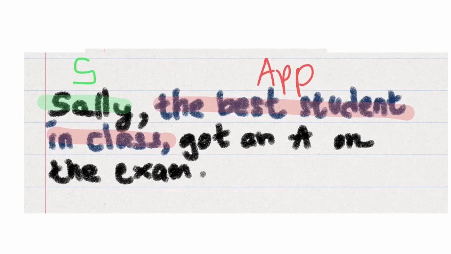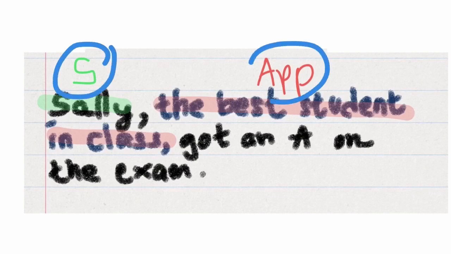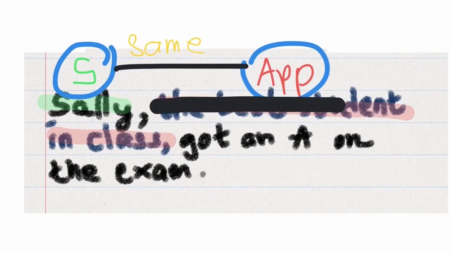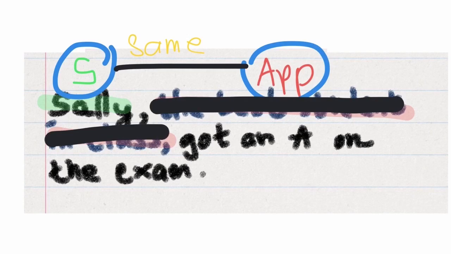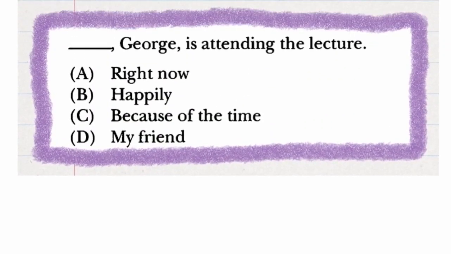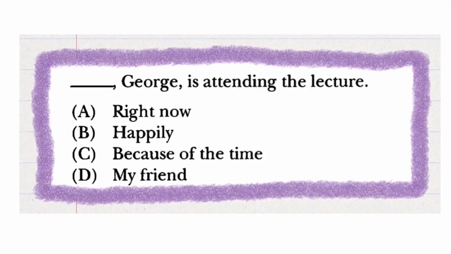The sentence says that Sally and the best student in the class are the same person. Note that if you leave out the appositive phrase, the sentence still makes sense. Sally got an A on the exam. The following example shows how an appositive can be confused with the subject of a sentence.